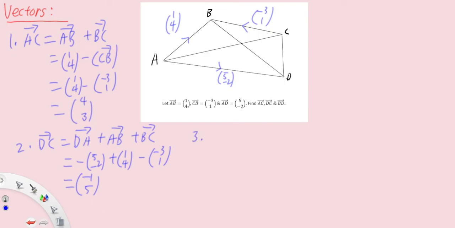The third vector, BD. You can think of it as going from B to A and then A to D. Another way to do it is simply using the identity.